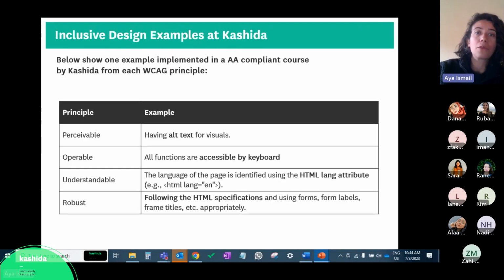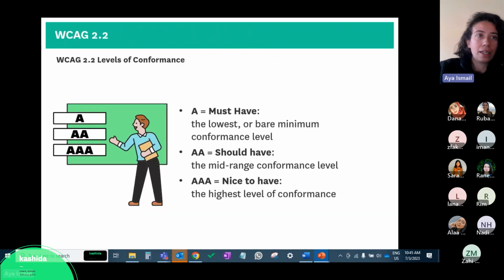And we will be showing you with the course that we are doing some of these things in a little bit. And at Kashida, so actually the guidelines are divided into 3 levels. So you might choose to have the A level from this standard, which means that you are following the very lowest or bare minimum level of conformance.